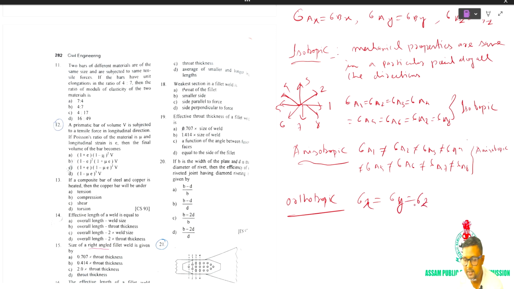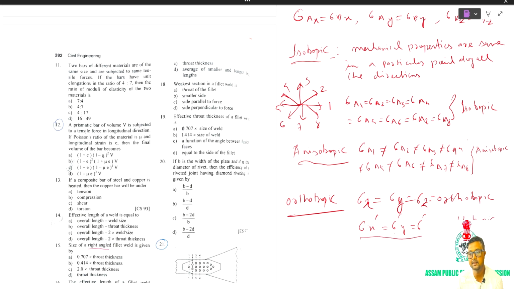If the mechanical properties are the same, this is called orthotropic. Now, suppose I take sigma x dash, then it will be sigma y dash, sigma z dash. These x, y, z are 3 mutually perpendicular directions. X dash, y dash, z dash are also 3 mutually perpendicular directions. If the properties are the same along 3 mutually perpendicular directions, this is called orthotropic.